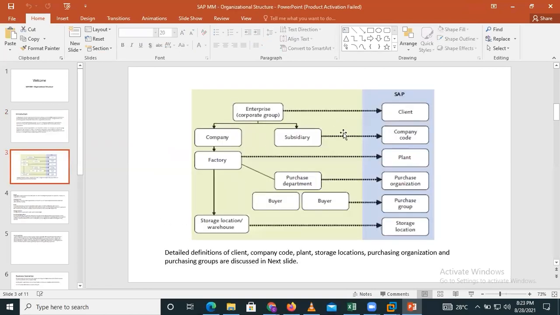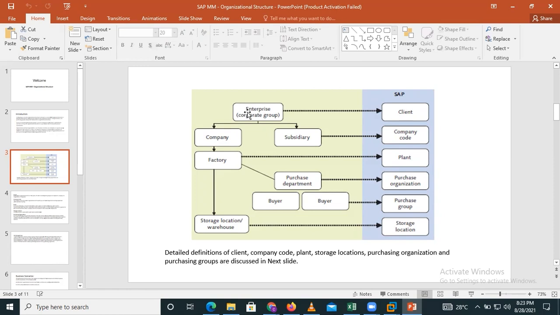Now let's take the diagram here. This is general information in green, and this is our SAP information. Any enterprise or corporate group, for example, Reliance Industry or Tata Group, will be denoted as a client in SAP. That is the main organization unit, the highest in your organization.